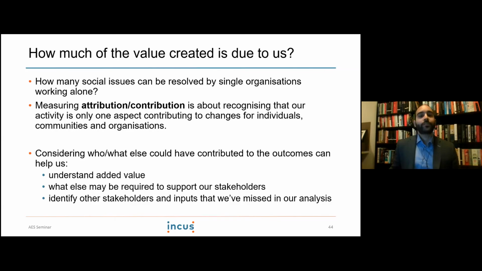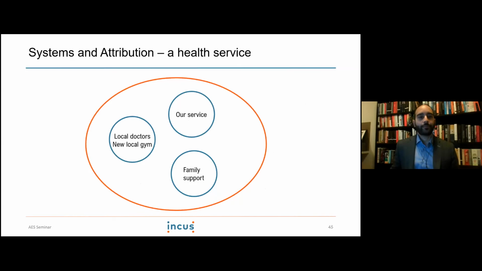Considering who and what else contributed to some outcomes obviously helps us understand that added value and the sort of net value that we're helping create, but also helps us understand what else might be required to support stakeholders and identify other stakeholders and inputs that we've missed in our analysis. So at a really simplistic level, we might be evaluating a health service that's trying to help people with healthy eating, exercising, reducing obesity.